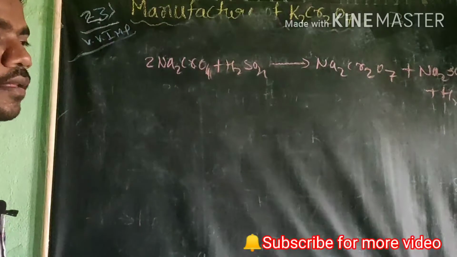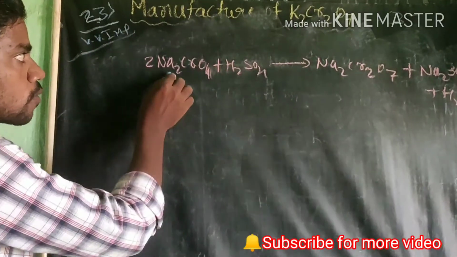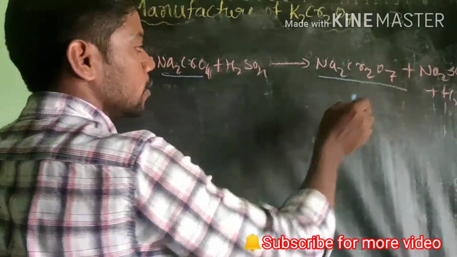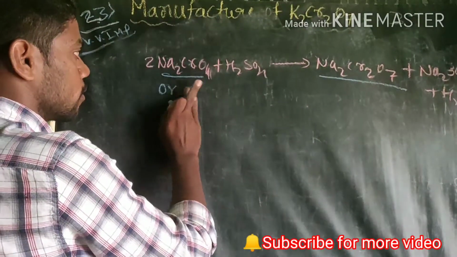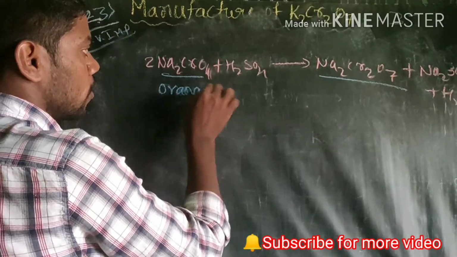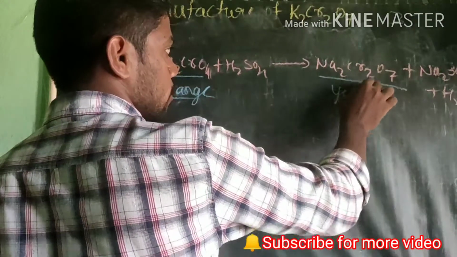You see here in this reaction, sodium chromate is converted into sodium dichromate. This is orange color and this is yellow color.